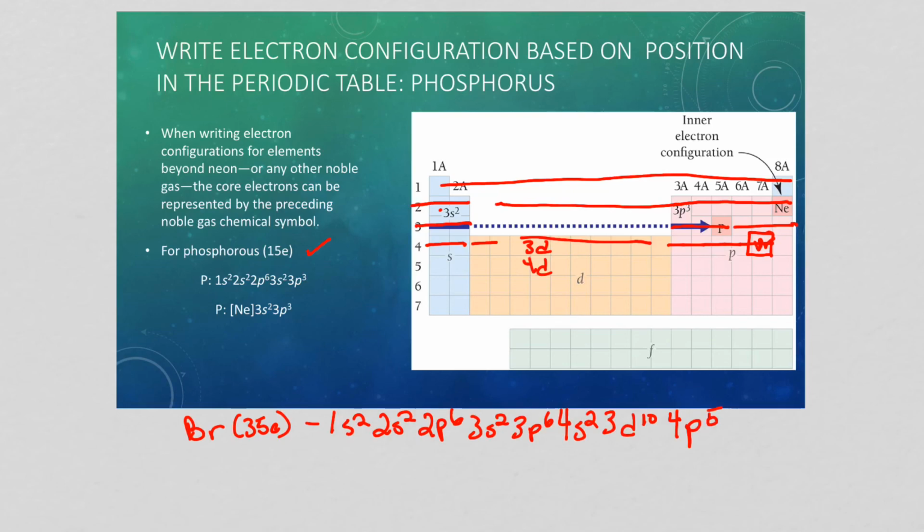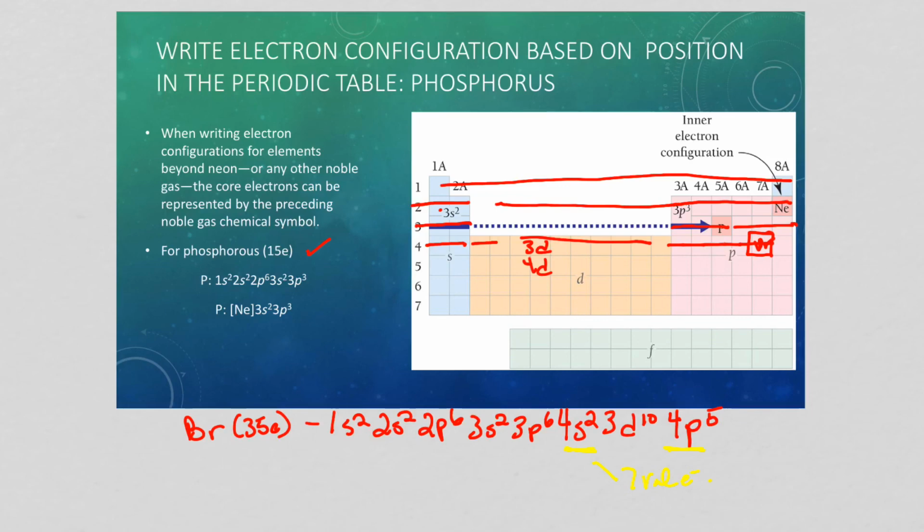So this would be the electron configuration of bromine. Now notice the valence electrons here are going to be all the electrons in the 4th level. So notice we have the 4s2 and the 4p5, right? This gives me my 7 valence electrons. Understanding that bromine is a halogen, it's in group 7, we would expect 7 valence electrons.